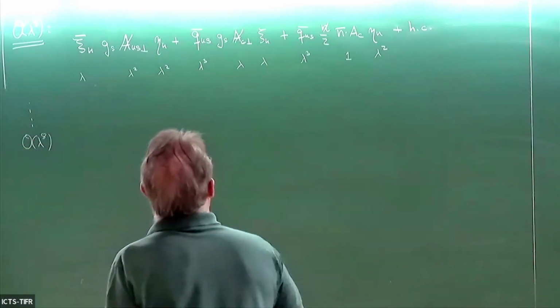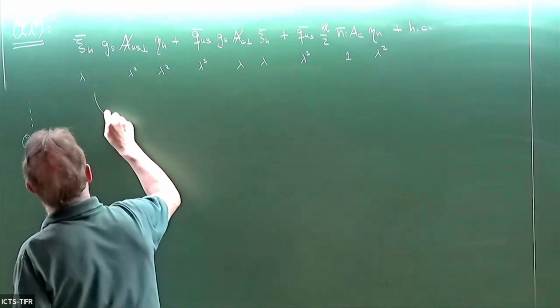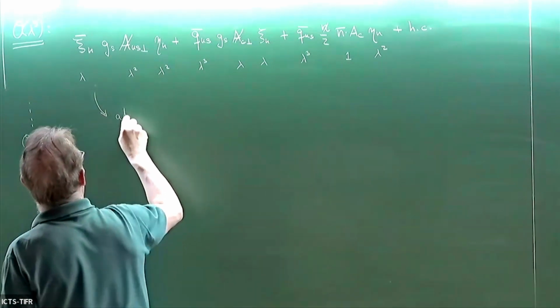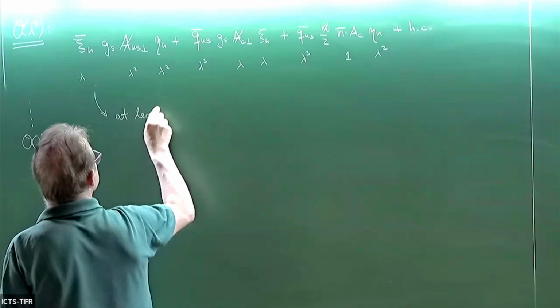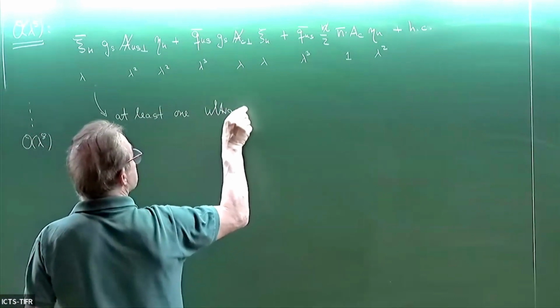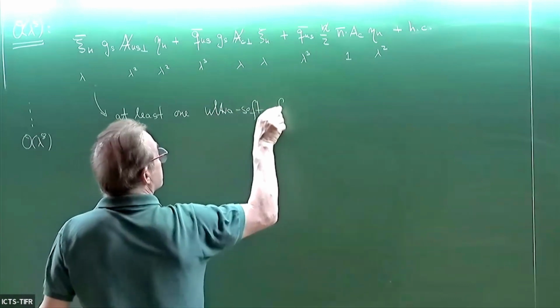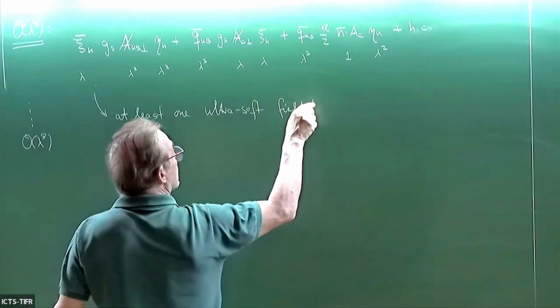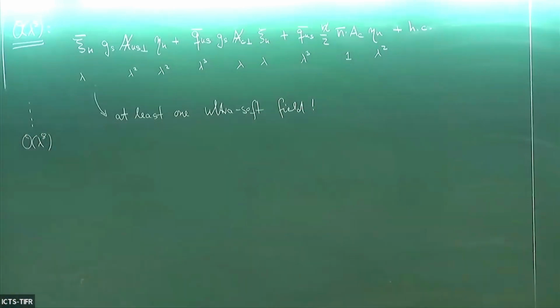Now, notice that as soon as we go beyond the leading order, we have at least one ultrasoft field. So the statement is that if I only look at the collinear Lagrangian, no interactions with the ultrasoft sector, the order lambda to the 4 term is exact.